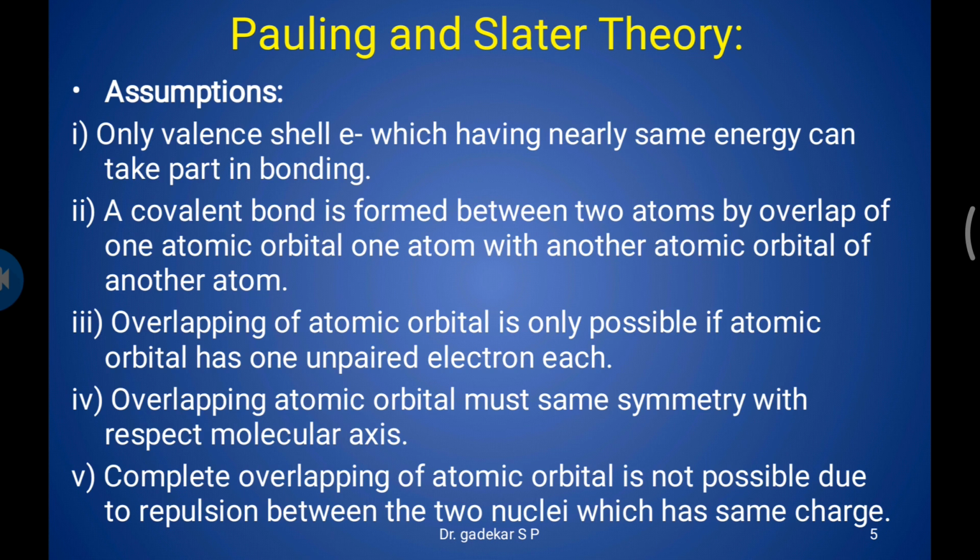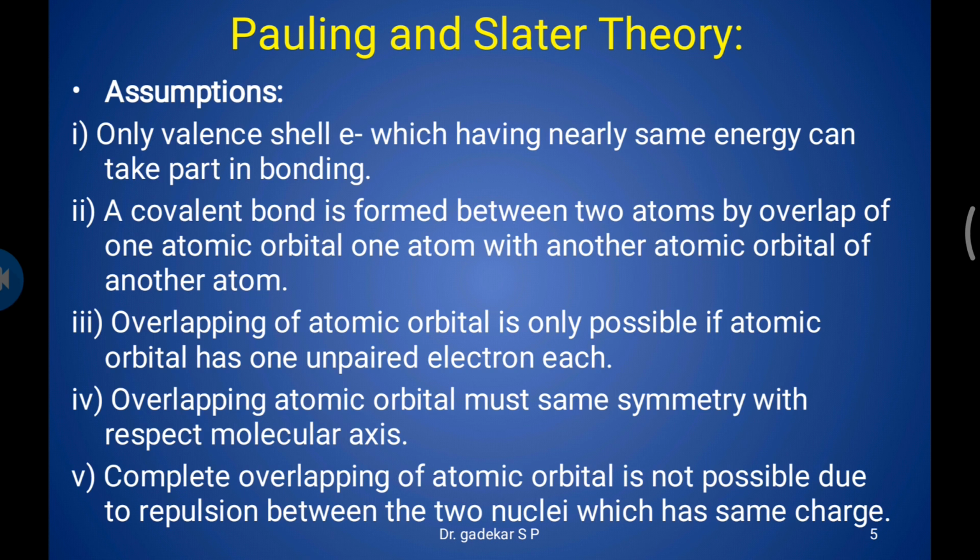So Pauli and Slater theory explains covalency. Okay. Some assumptions here: first, only valence shell electrons which have nearly the same energy can take part in bonding. Same energy.